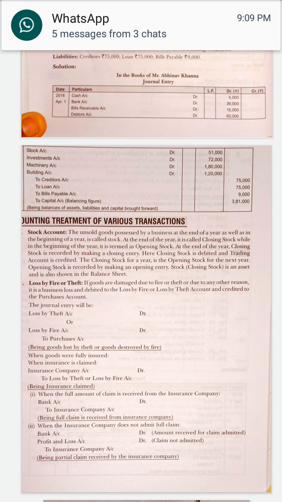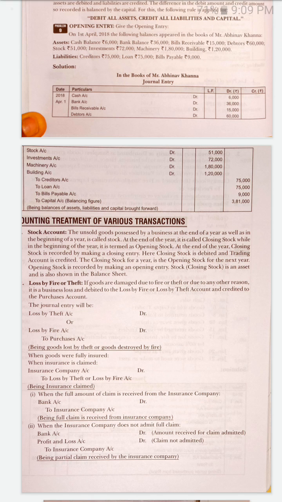For example, if 5 lakhs of goods are damaged and we claim that amount from the insurance company, but the insurance company paid only 3 lakhs, the balance 2 lakhs is the loss. That loss is to be debited under the heading profit and loss account. If it is a loss, we debit the profit and loss account.